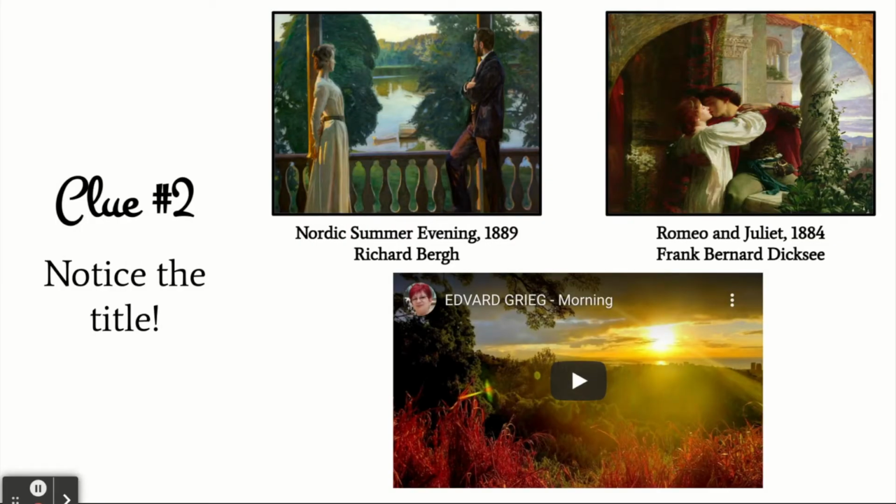Another clue you can look for is the title. If a song is titled something like Summer Evening, The Ballad of Romeo and Juliet, or even Main Character's Theme, then you know it's program music. It is related to something extramusical. It is representative.